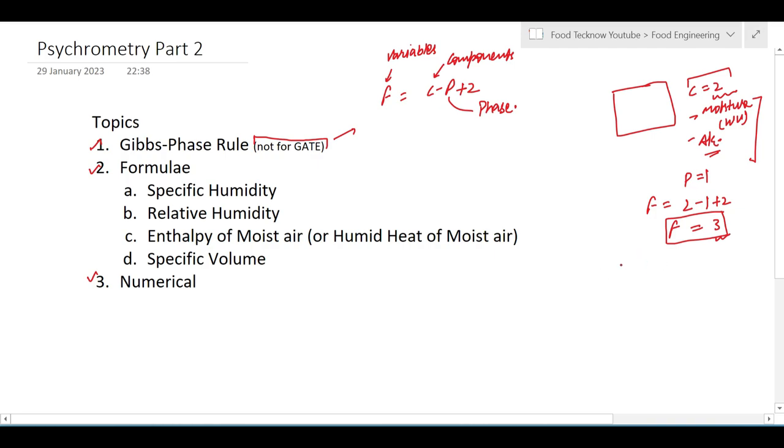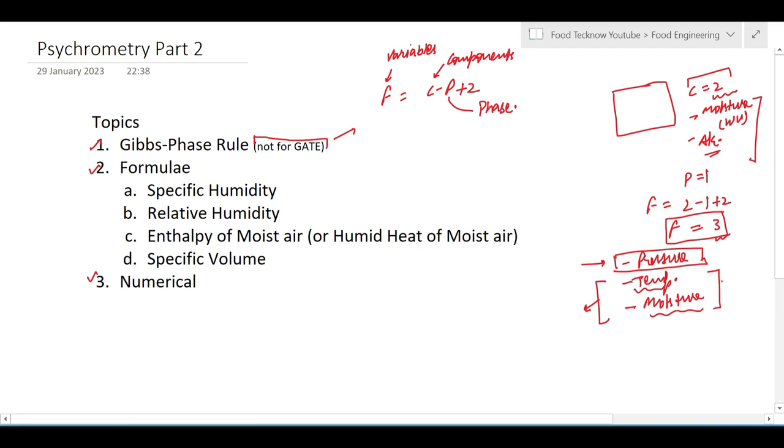So the first is the pressure, the second is the temperature, the variable that we need to solve the numerical, and the third is the moisture. So here the pressure is always the atmospheric pressure. That's why we are finally left with only 2 variables. So if we have the temperature and the moisture content known, then we can very well solve the numerical.